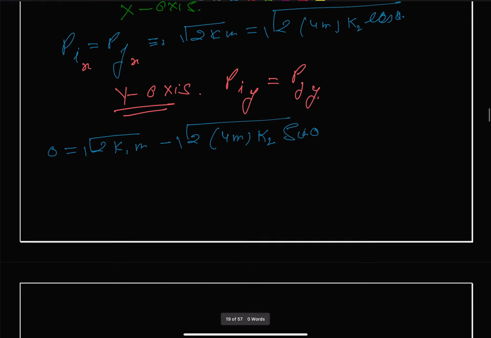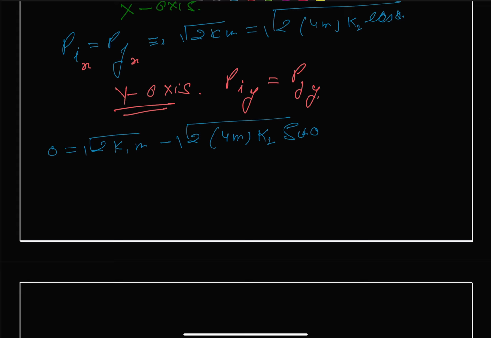So we can just rearrange this equation. We get square root of 2 K1 m is equal to square root of 2 times 4m K2 sine of theta.